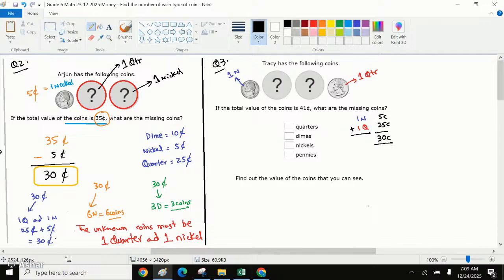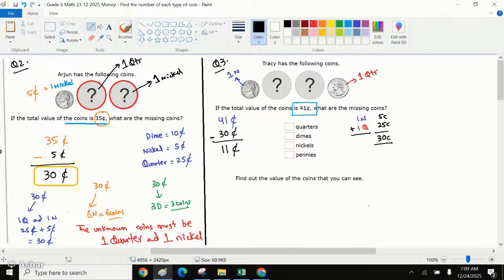Now what we need to see is, what is the remaining amount? If the total value of the coins was 41 cents, and we already know 30 cents, the remaining value is 11 cents.